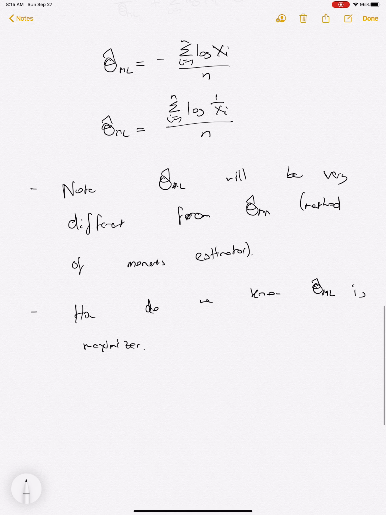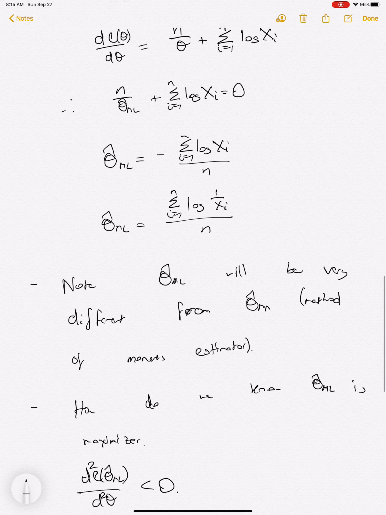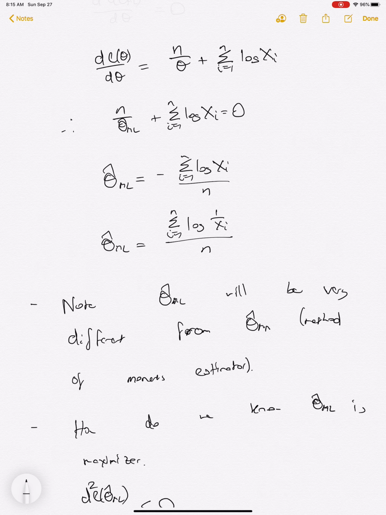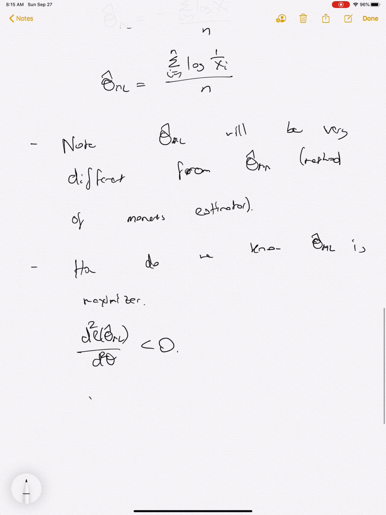So what we would need to show is that when you take the double derivative of L of theta hat ML with respect to theta, for that to be a maximizer, it means that this double derivative has to be less than 0. Can we show that that's actually true?